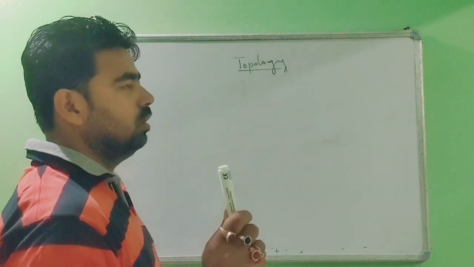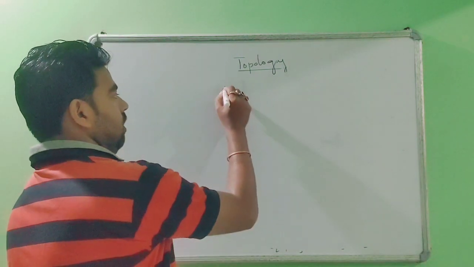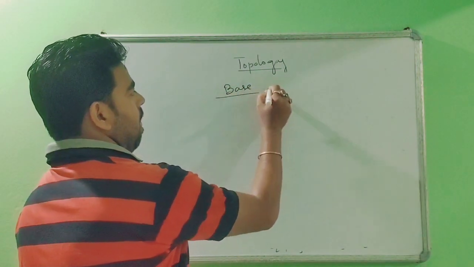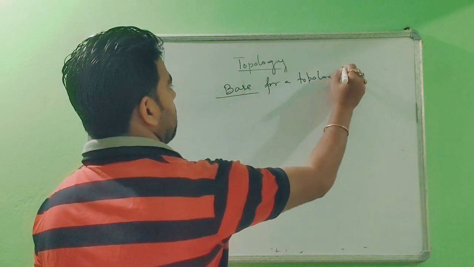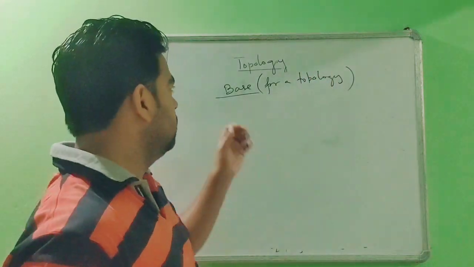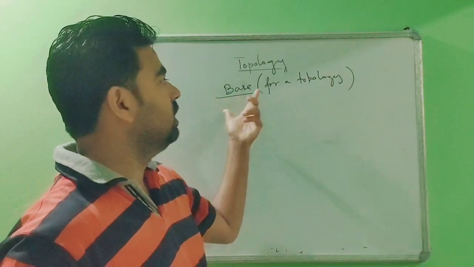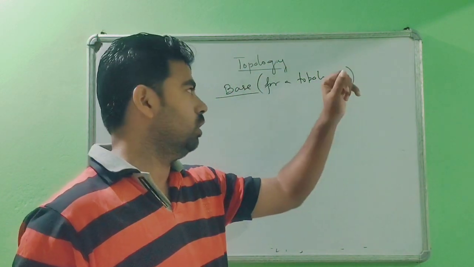Now come to our last topic of this lecture, that is base. Base for a topology, because if you know the base, for every base there corresponds a unique topology.